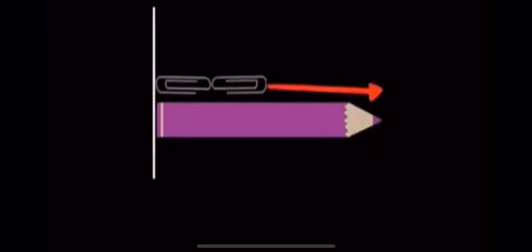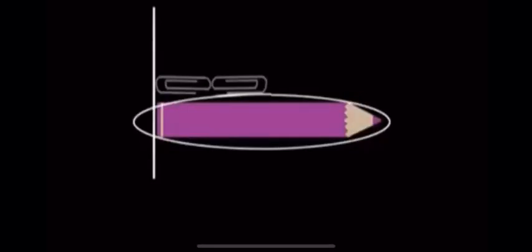We first need to make sure the ends of each object are lined up. Good. Now we can compare. Which is longer, the paperclip chain or the pencil? The pencil sticks out farther than the paperclip chain. Let's draw a circle around the pencil to show that it is longer than the paperclip chain.